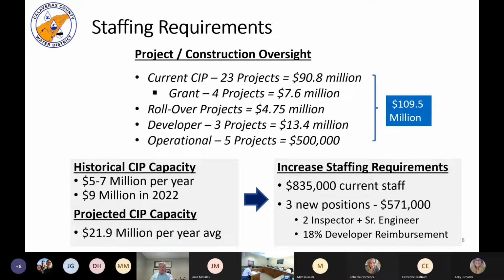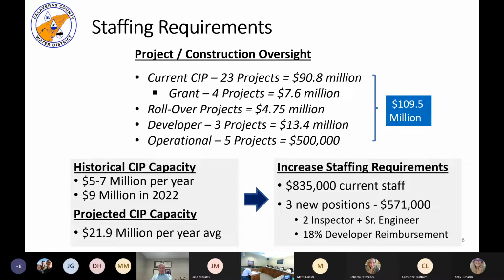So just averaging out on an annual basis, if we look at the total 5-year CIP plan of the 9.5 million, including the bond funded projects, grant funded projects, developer funded projects, operations projects, all of that, and then with the assumption that we're going to need to find some more funding to complete it, we're looking at about 22 million a year on average of construction costs.